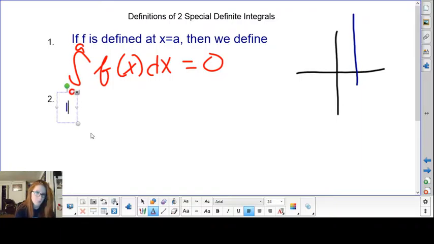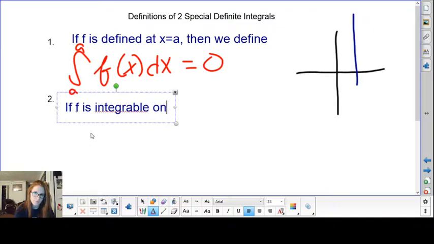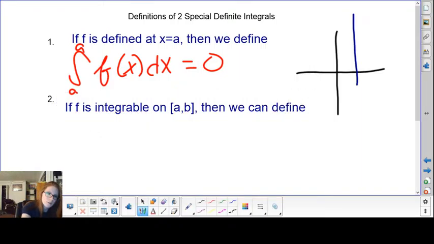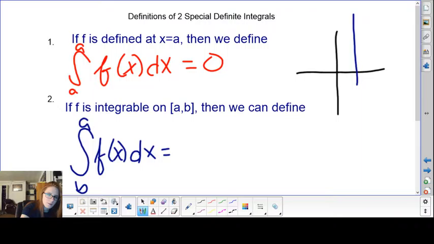Case number 2 says that if f is integrable on my closed interval a to b, then we can define the integral from b to a of f of x dx is equal to the negative of the integral from a to b of f of x dx.